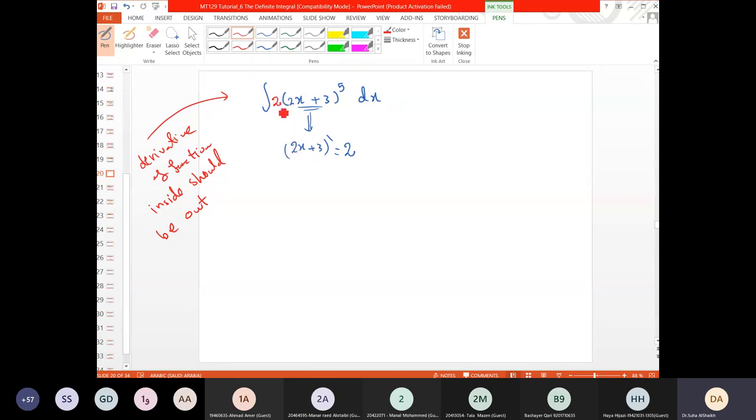Well, I can multiply with a 2. I can add a multiplication of 2 from my side, but I must divide by 2 as well, so that it's as if I did nothing, because the 2 cancels the 2 down there; it's like 1. I multiply with a 2 so that its derivative is present, but I'm going to divide by 2 as well.